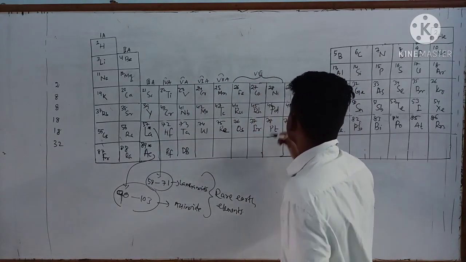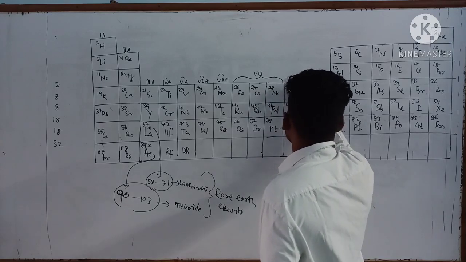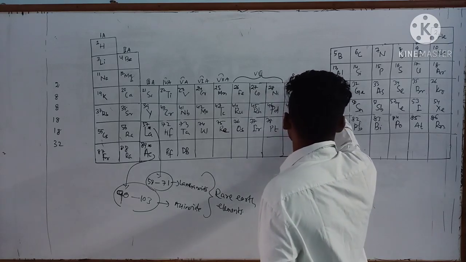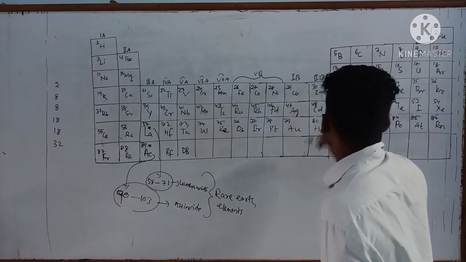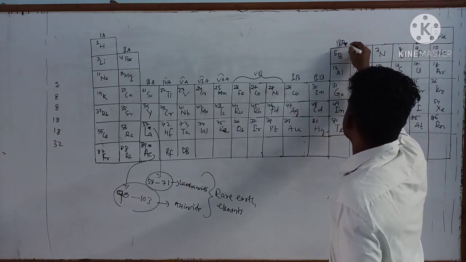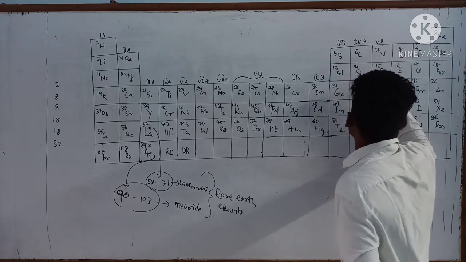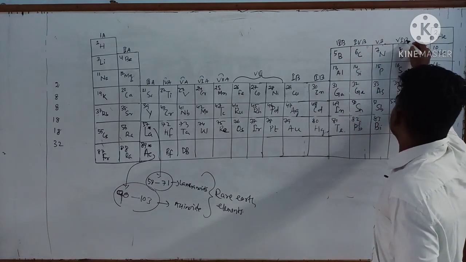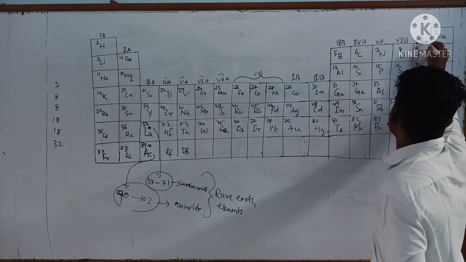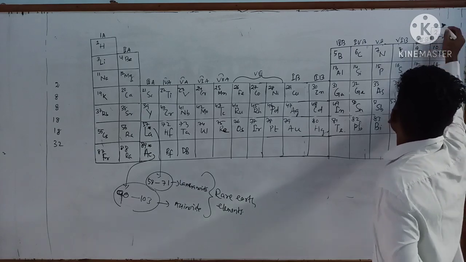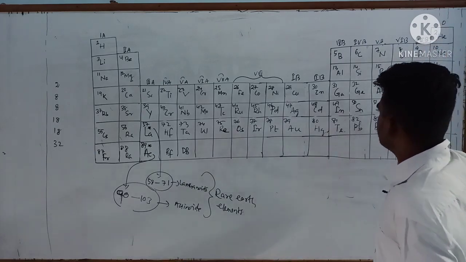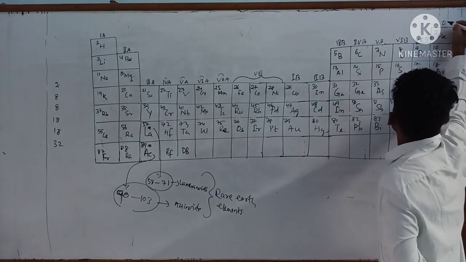Next, this one is 1B, 2B, 3B, IVB, VB, VIB, VIIB, and this one is 0 group.